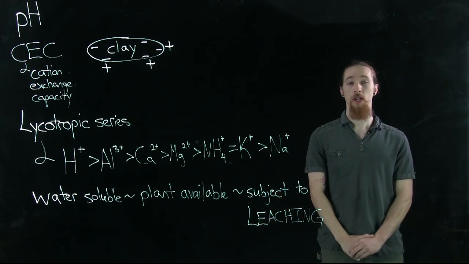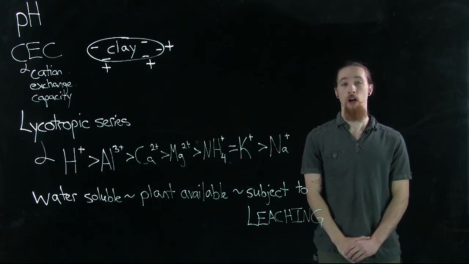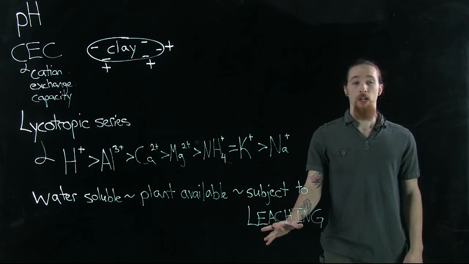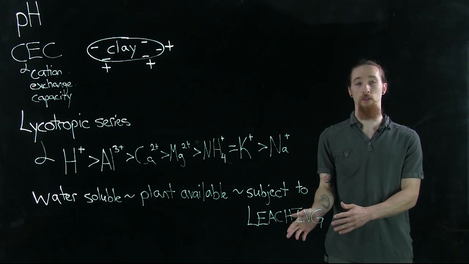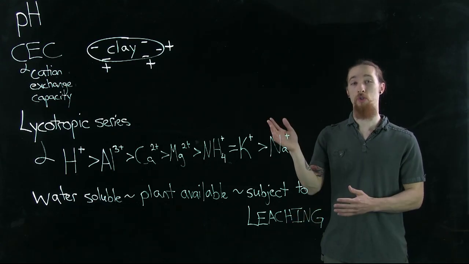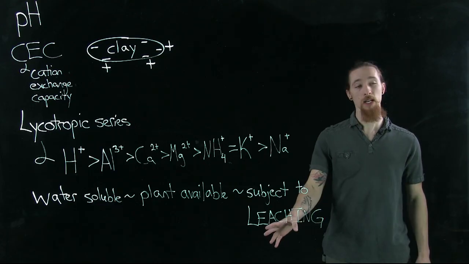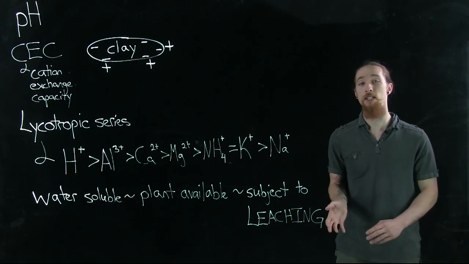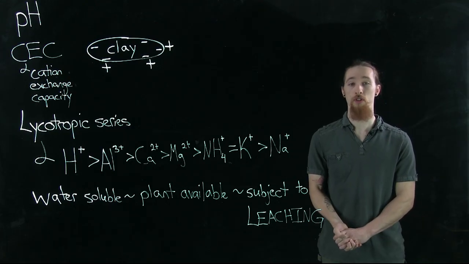The important takeaway here is that soil chemical parameters are bound on soil particles. And so again, that brings up this topic of leaching. If they are not bound to soil particles, they will leach out with the water. If they are bound to soil particles and those particles erode from the system, it may not be technically leaching, but it's still a loss. And so maintaining your soil chemistry means paying attention to your soil physical parameters.